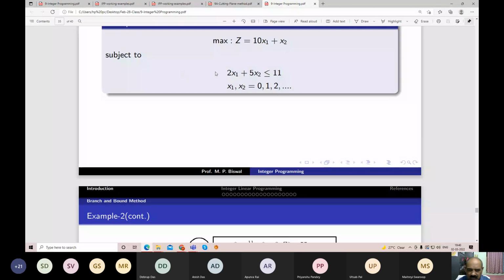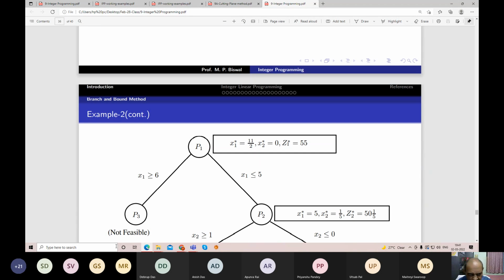Here, with x2 equal to 0, x1 is less than or equal to 11 by 2, but x1 is also required to be greater than or equal to 6. Are they feasible constraints? No, infeasible. So this problem is infeasible, and once it is infeasible, you drop it. There is no question of finding a solution.